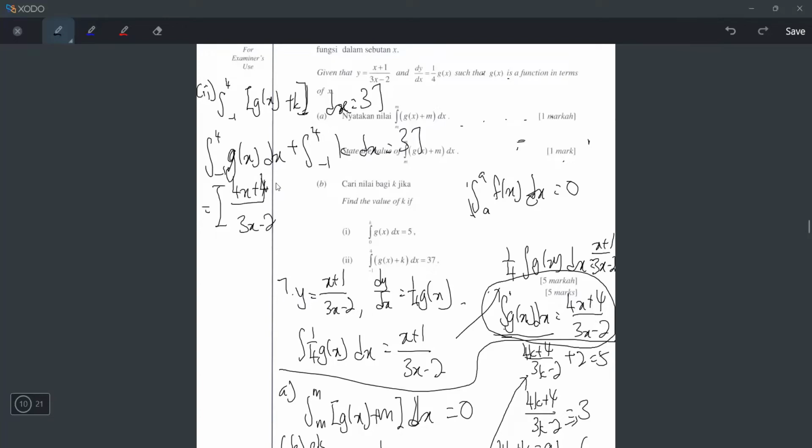Okay, but please remember to write the limits negative 1 to 4 here, and then plus integrate k, just integrate yourself, okay? Even though you don't know what k is, you know it's a number. So when you integrate a number, you just add x, okay? And then from negative 1 to 4 equals to 37. Now you will substitute, so you substitute something here, and then substitute minus like this, and then plus here also the same, bracket minus bracket equals to 37.